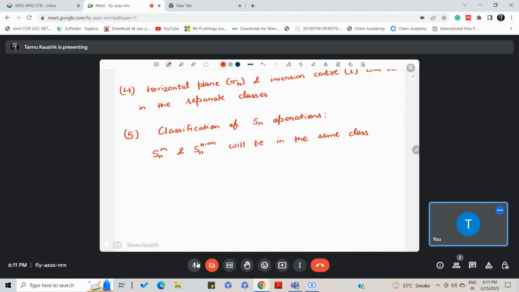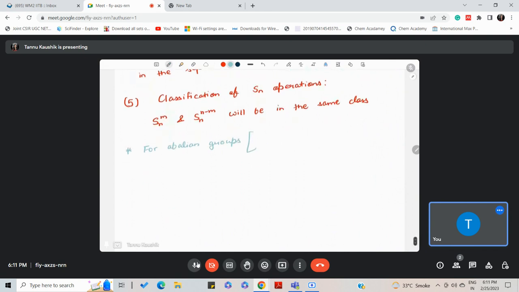Okay, and there is a condition here for abelian groups. What are the abelian groups?